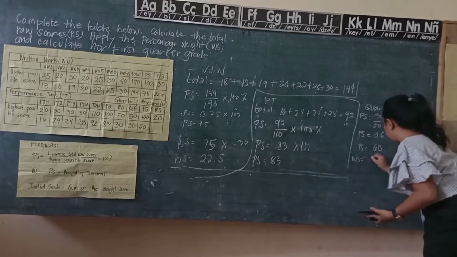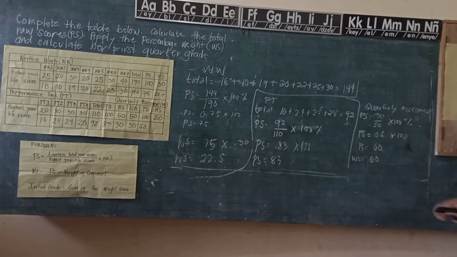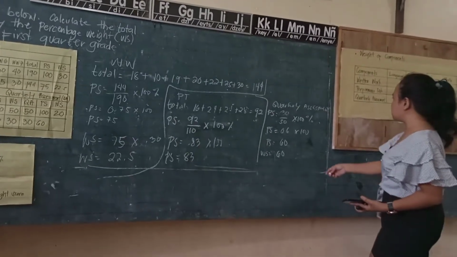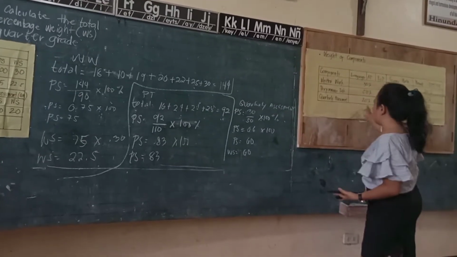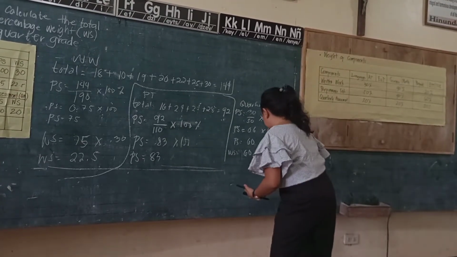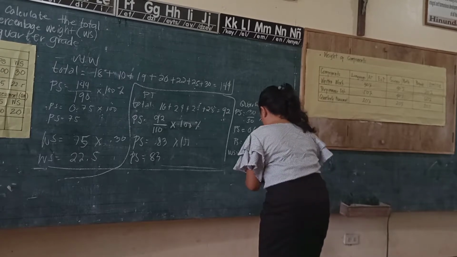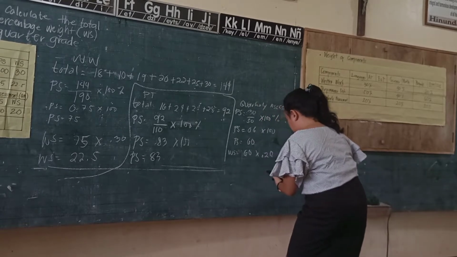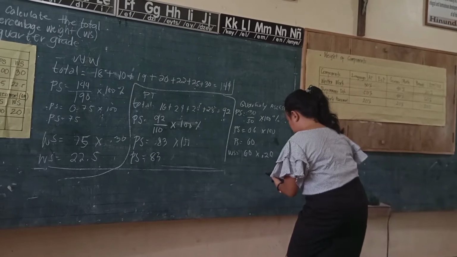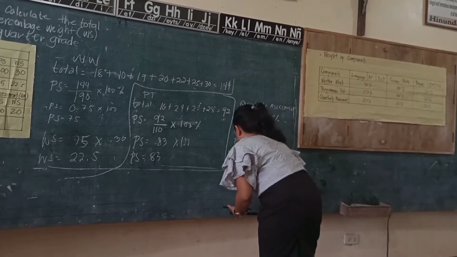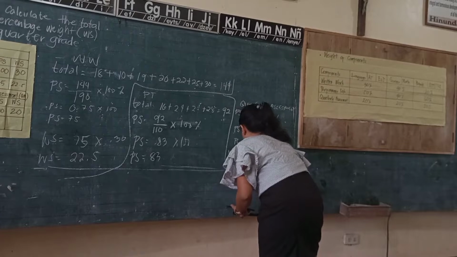So the PS is 60. Then the weight component for the quarterly assessment is 20% or 0.20. So 60 times 0.20 would be equal to 12.